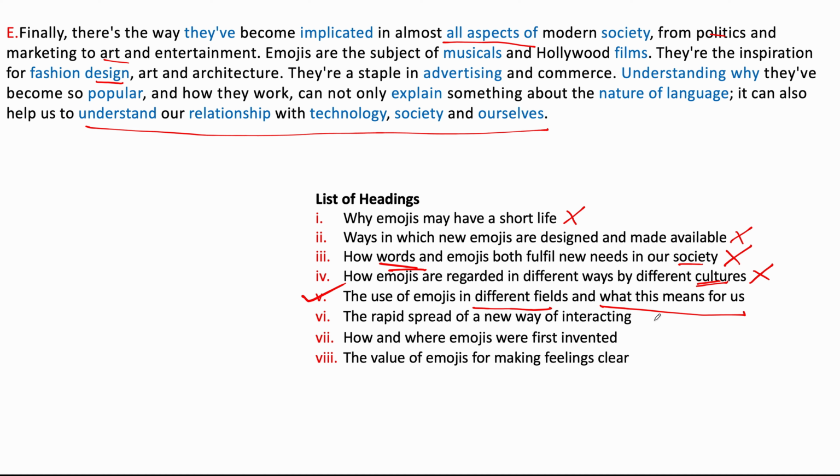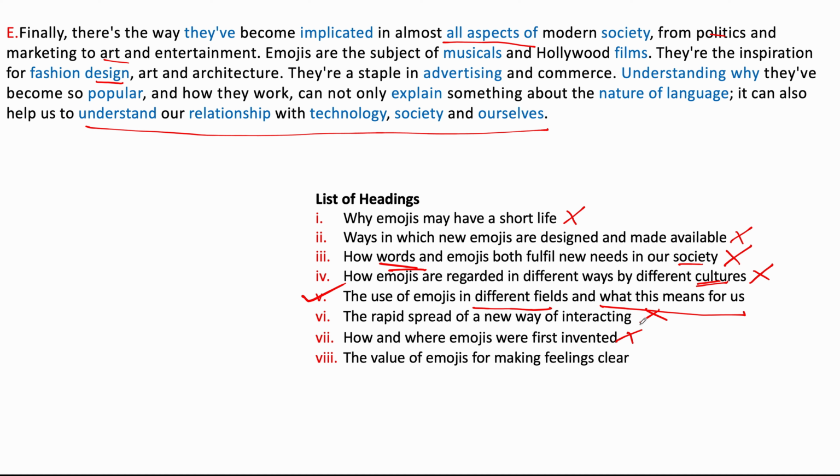The sixth heading is the rapid spread of a new way of interacting. This section is about varied applications of emojis, not on their widespread adoption or speed of their spread. The seventh heading is how and where emojis were first invented. This is not mentioned at all.